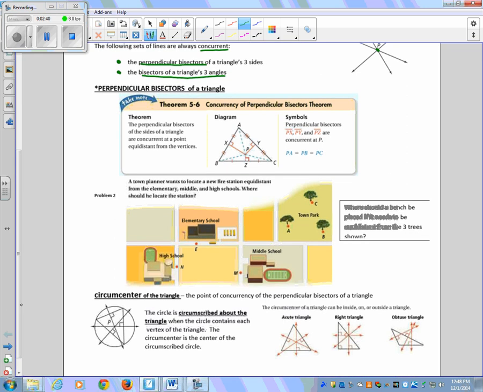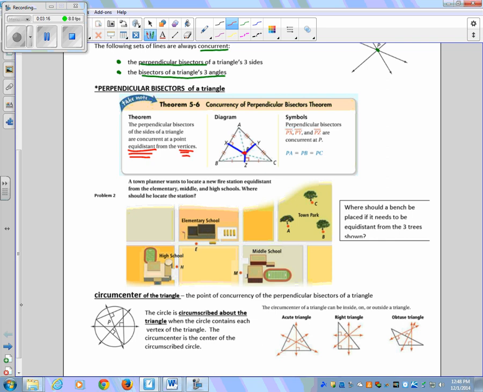Perpendicular bisectors of a triangle. In this theorem, we have the concurrency. It says that if you draw the perpendicular bisectors of all three sides of a triangle, then they're going to meet together at one point, and that point, this is the theorem part of it, that point is equidistant, equal distance from all of the vertices of the triangle.